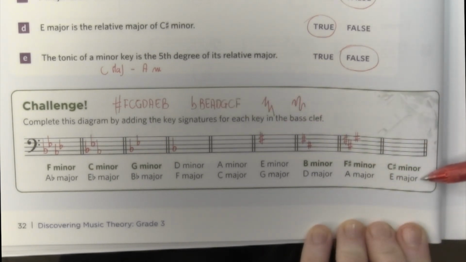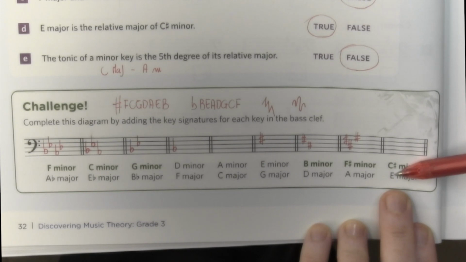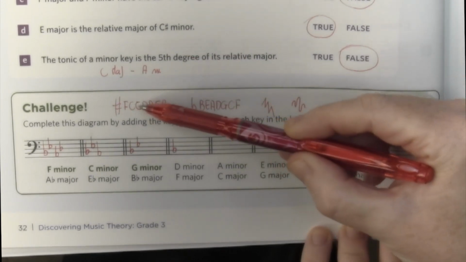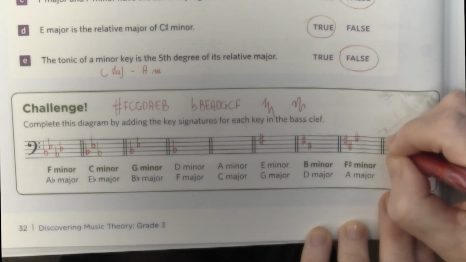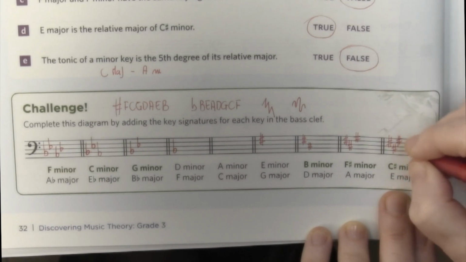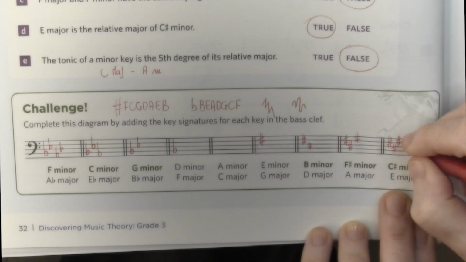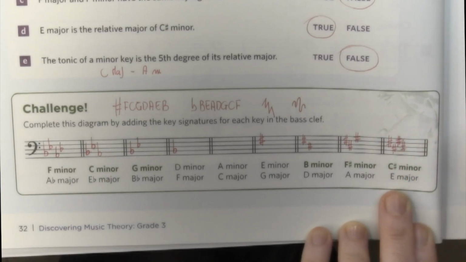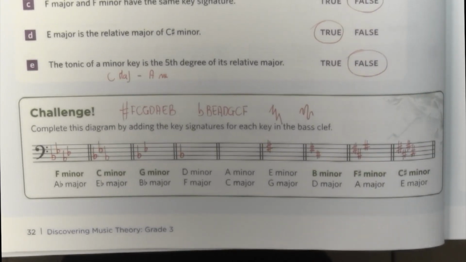C sharp minor plus 3 semitones is E major. E minus 1 semitone is D sharp. Fa, do, sol, re. 4 sharps. Fa, do, sol. Where do we write the other one? Down, here. This is it. The challenge is done.